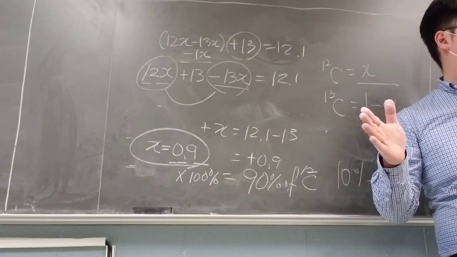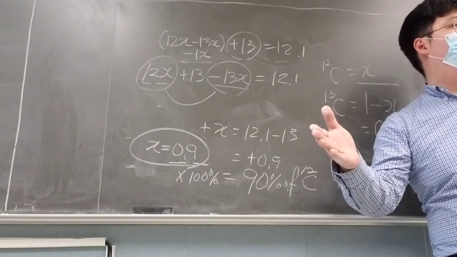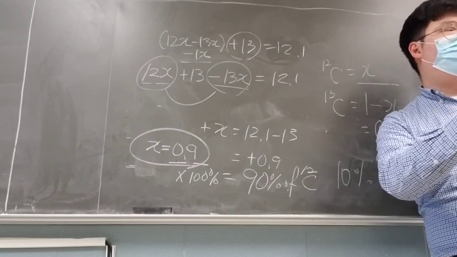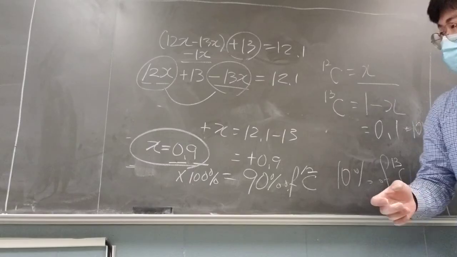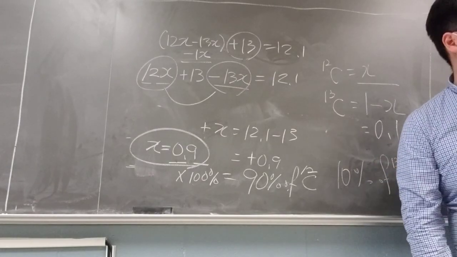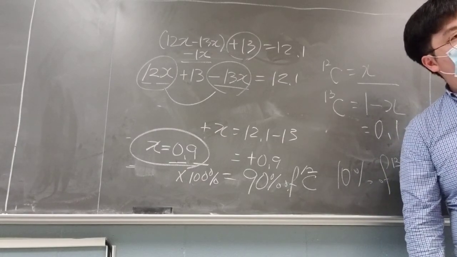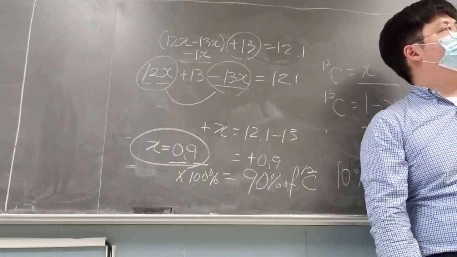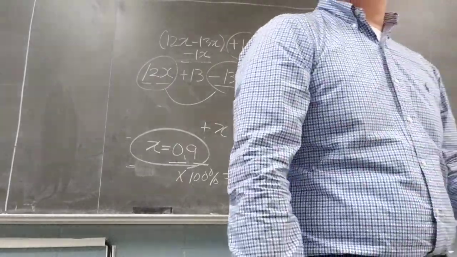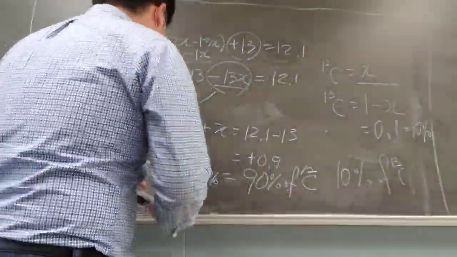That's what I mean by natural abundance: how much of each isotope you can find in nature by looking at the average value of atomic mass. Make sense, right? Okay, good. Perfect.